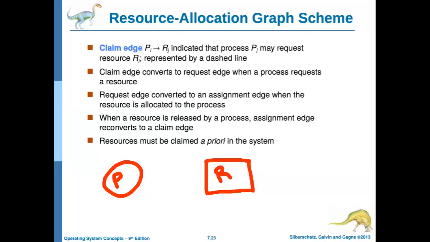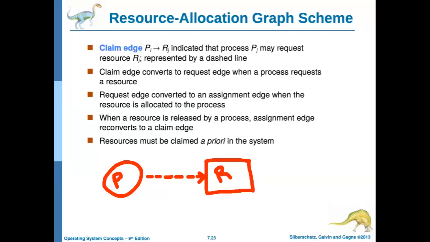So initially what we have is something like this, dash dash. I'll make use of dashes, and the arrow is something like this. Now P to R, remember this is the claim edge. This is the claim edge. Okay.